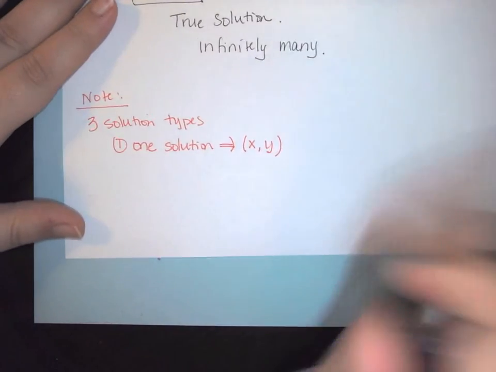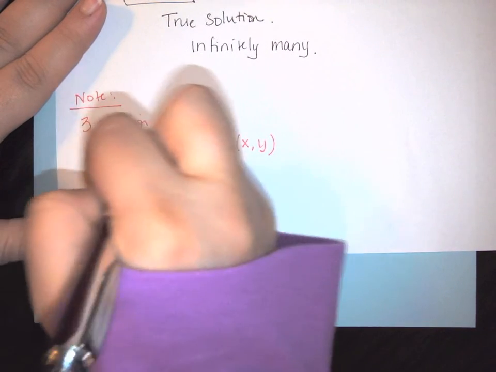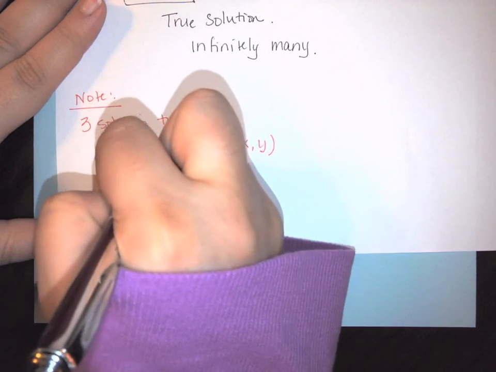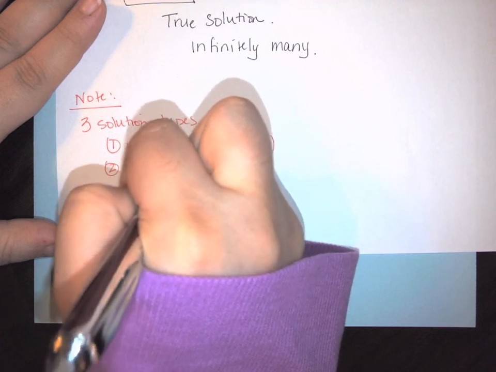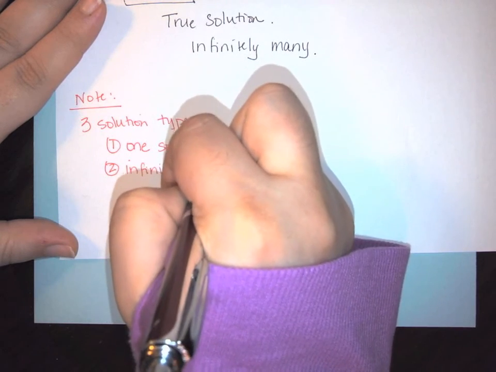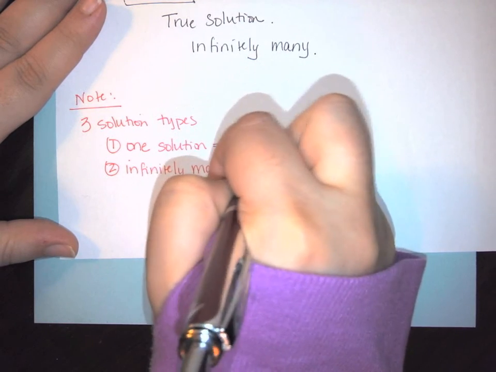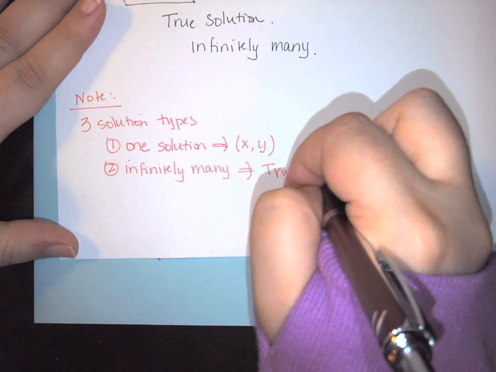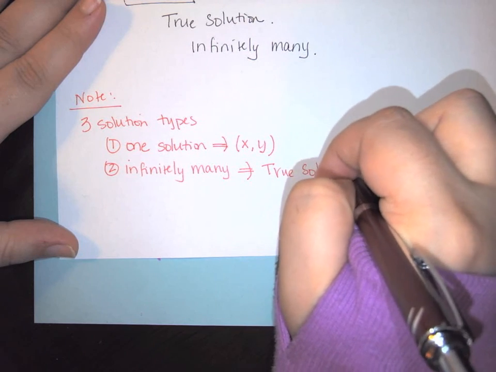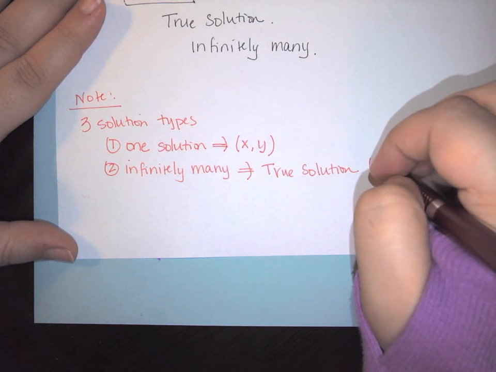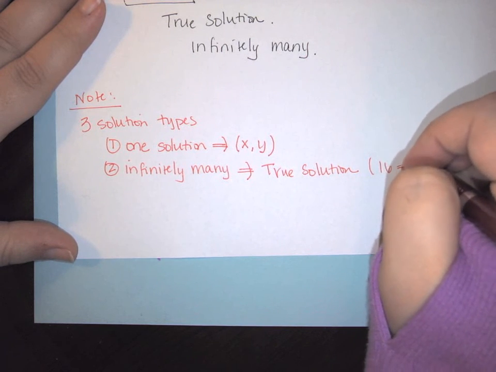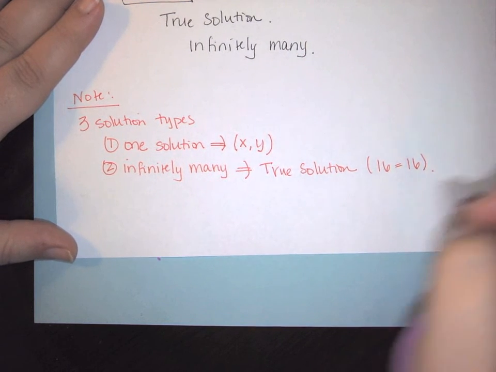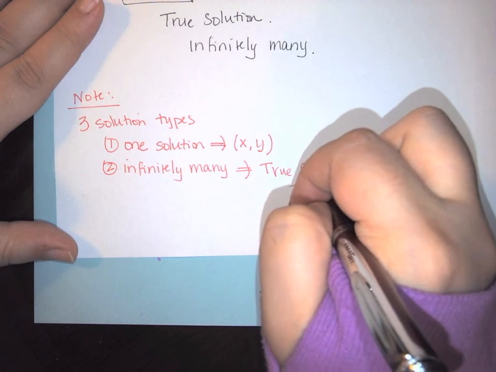Now that being said, the second solution type we have is called infinite, or infinitely many. This occurs when we get a true solution. For example, 16 equals 16. Okay, this right here is a true statement.